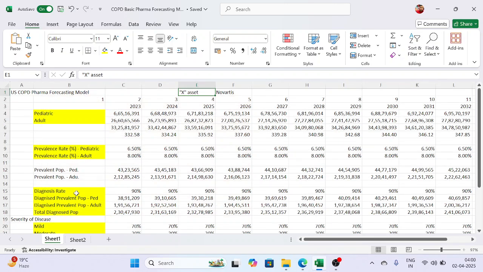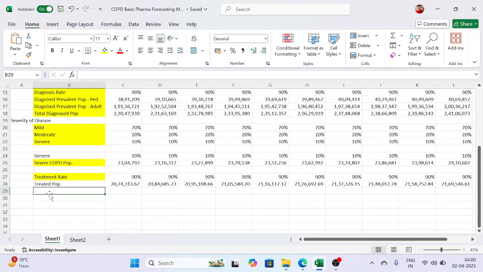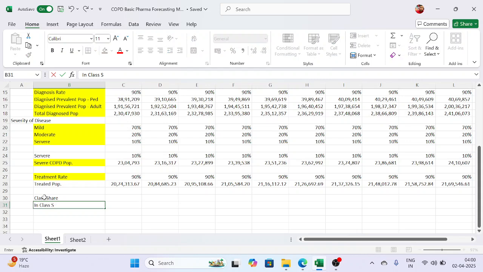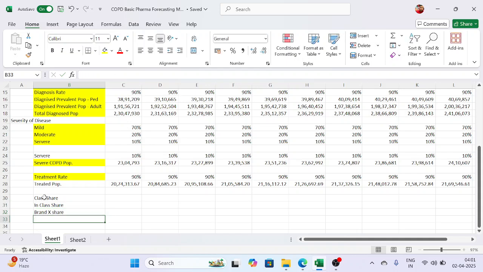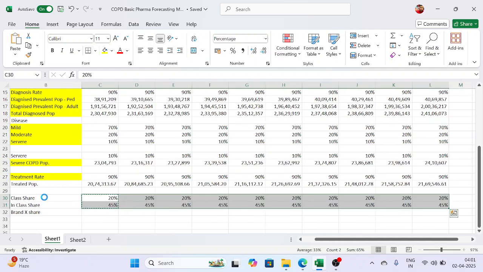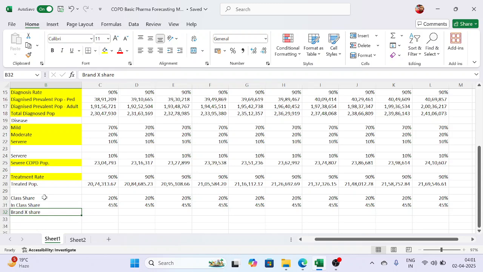So simply, you need the class share, the in-class share, and then the brand X share, right? So let's say the class share is 20%, this is 45%, and then the brand X share.